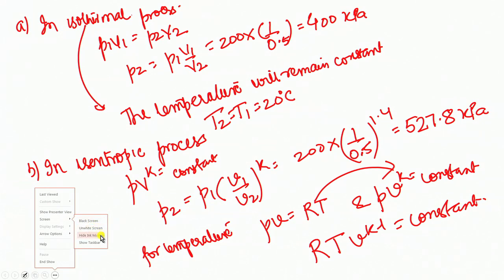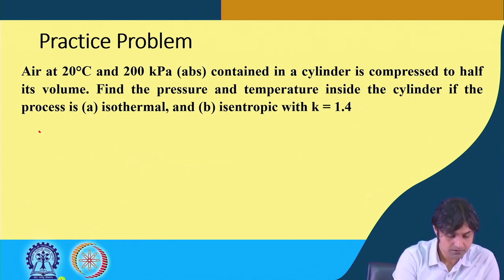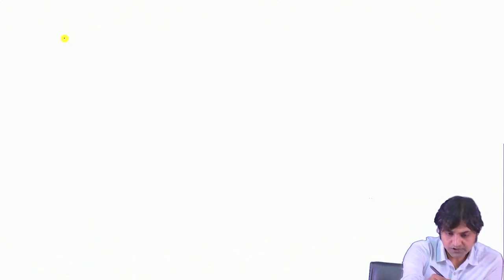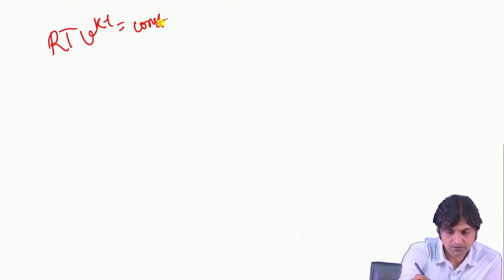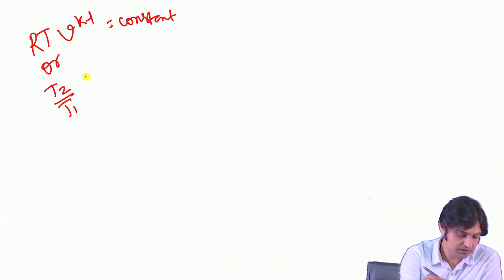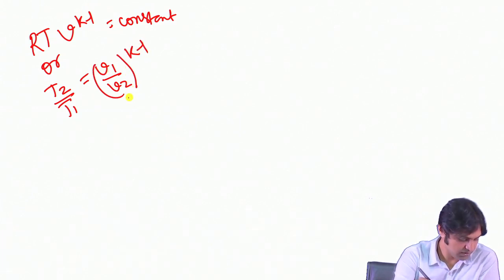So I'll get the next page. Okay. So what we found out in the last screen was RT V to the power k minus 1 is equal to constant, or we are also able to write T2 by T1, because R will be cancelled on both sides, as V1 by V2 to the power k minus 1.